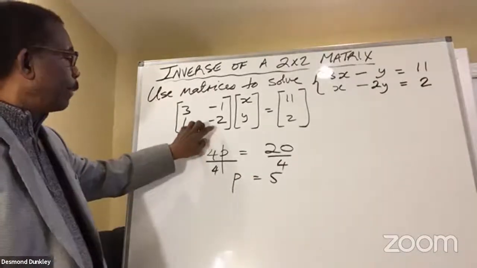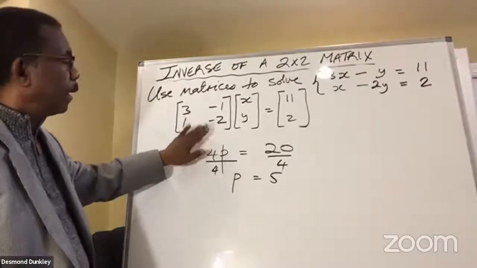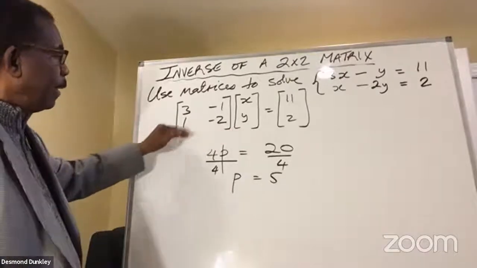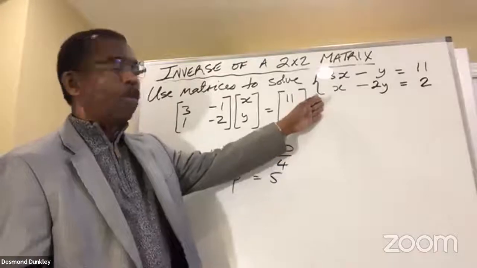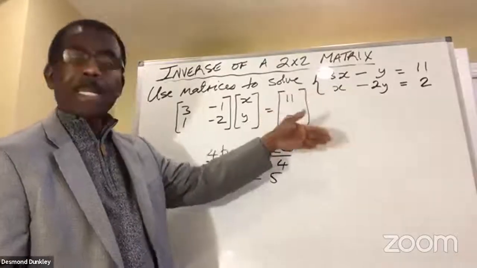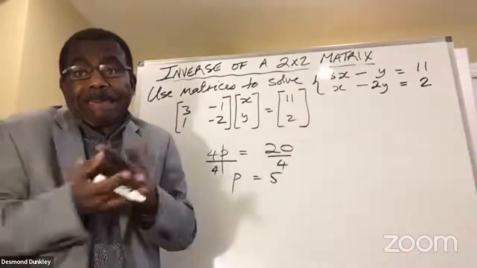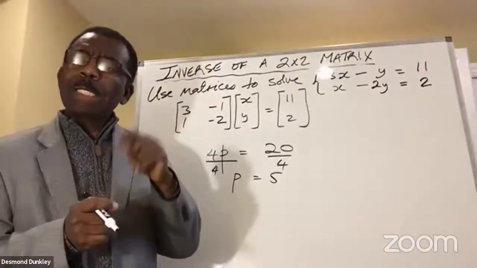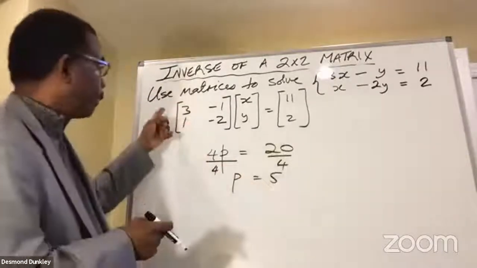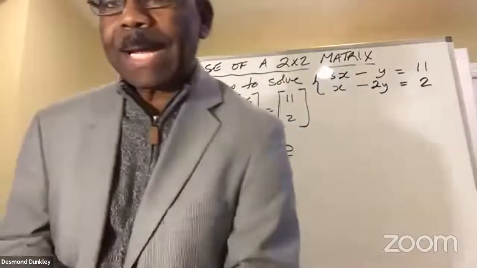So here, to get rid of this matrix, if we could divide, we would have been able to get rid of that. But this divided by a 2 by 2 matrix doesn't exist. It's meaningless. So what is a different way to get rid of this matrix? I'm so glad you asked.